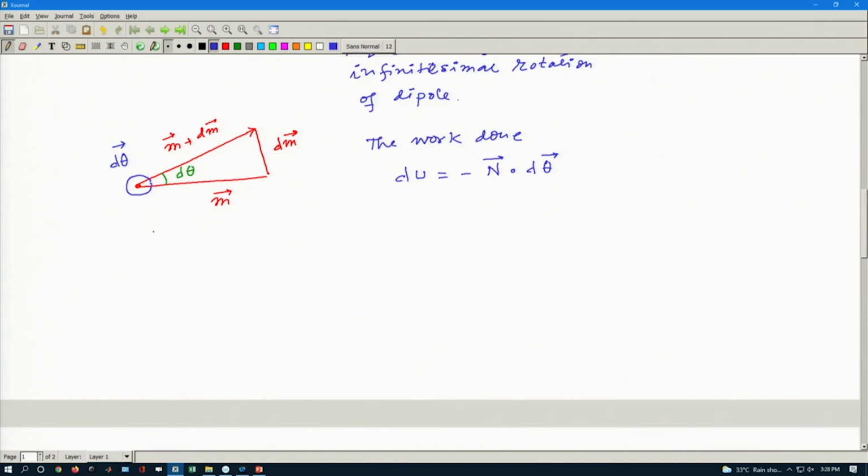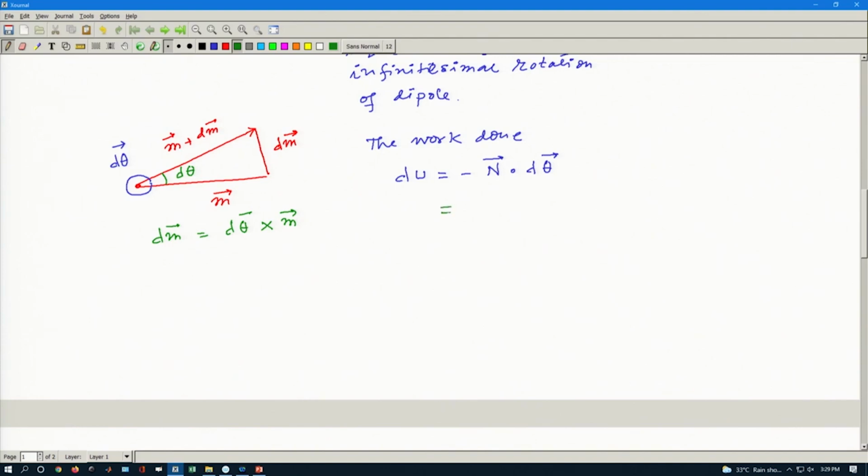Now, you should note that this dM is simply d theta vector cross M vector.